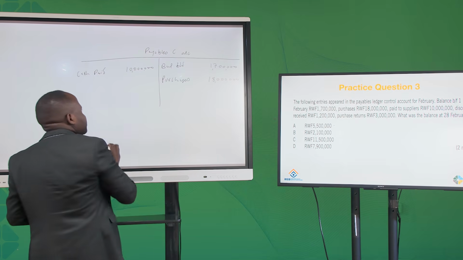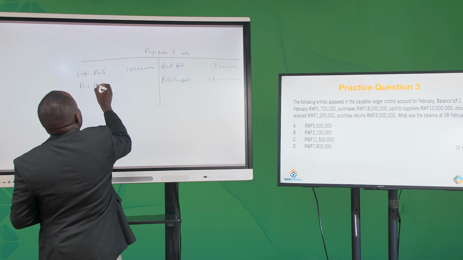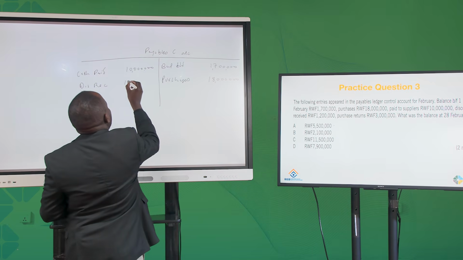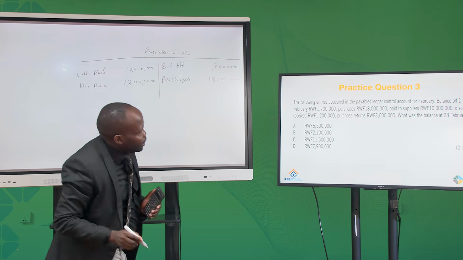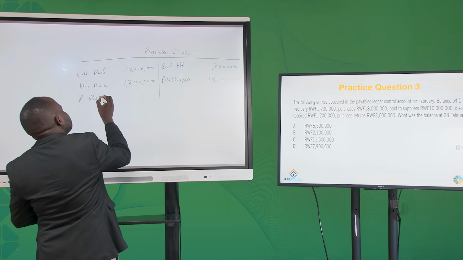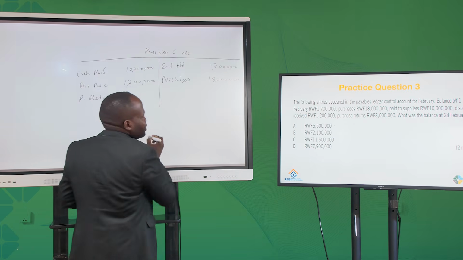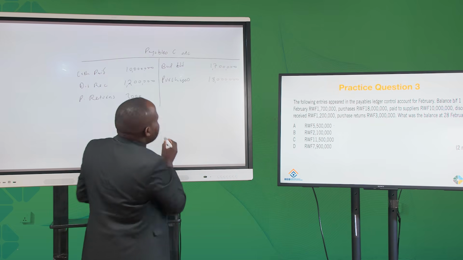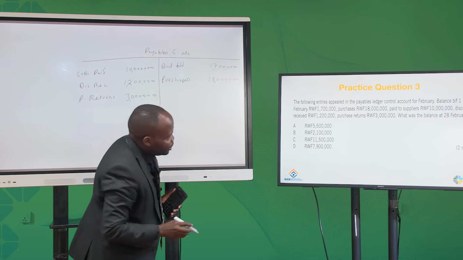Discount received is 1.2 million. Purchase returns is 3 million.